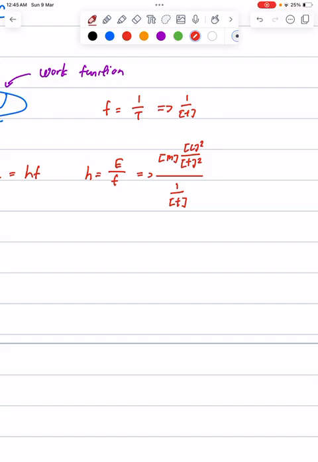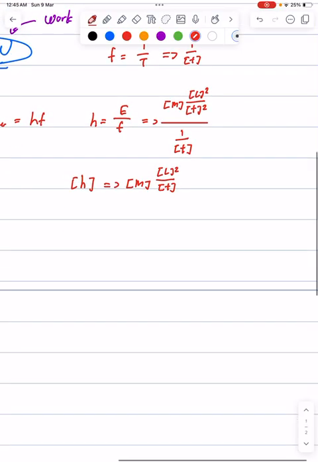So let's simplify. The units of h are m L squared over t. Let's rearrange this a bit more.